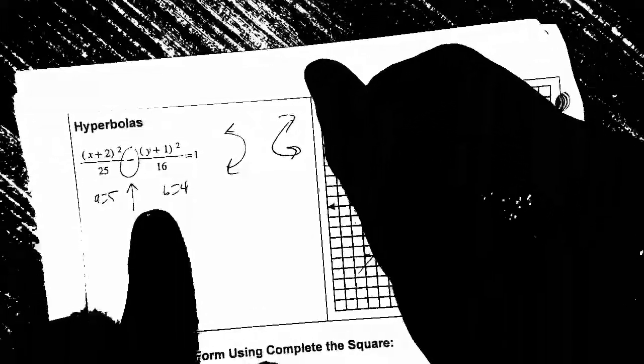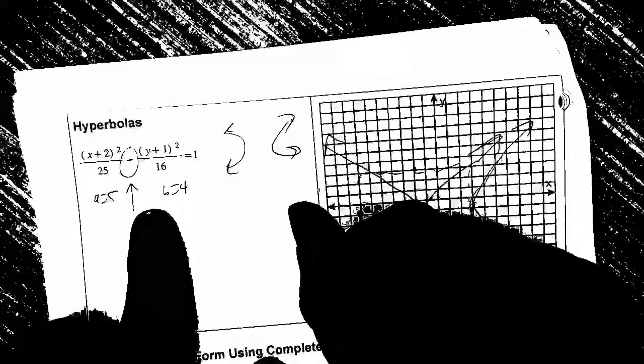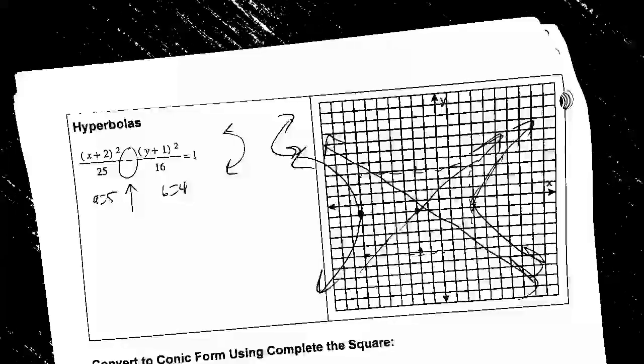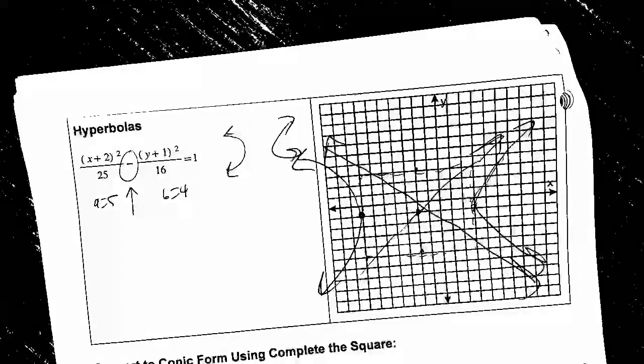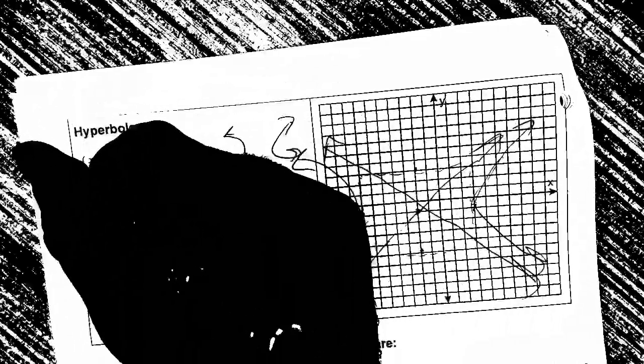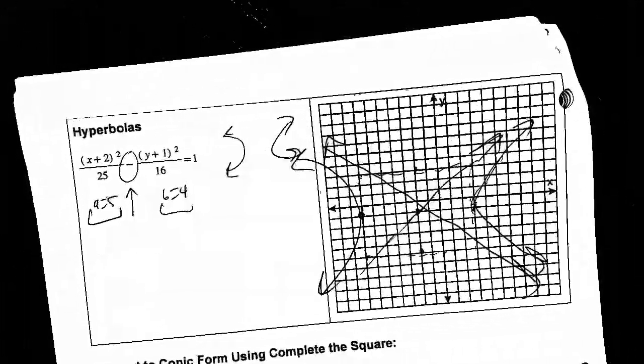And then we can sketch too, right? Did you explain how to define this to the right? So I know it's 5 right because it's underneath the x value, and I know it's 4 up and down because it's under the y. Oh, okay.